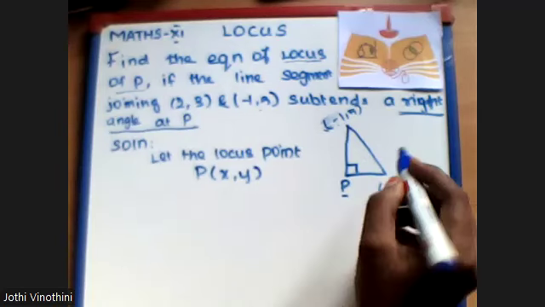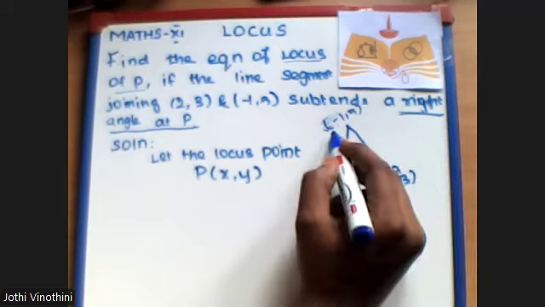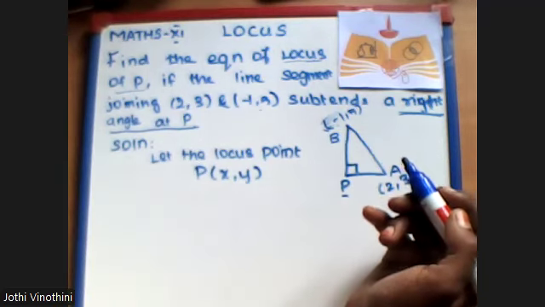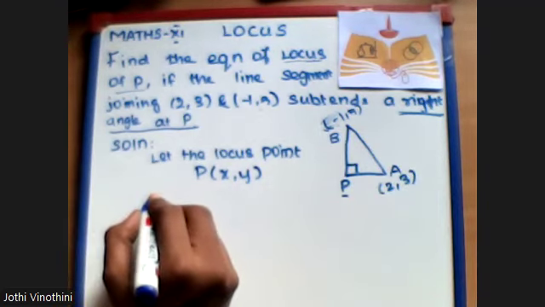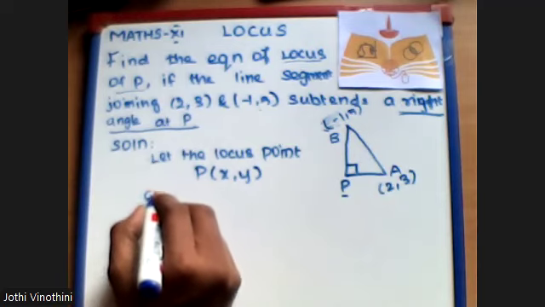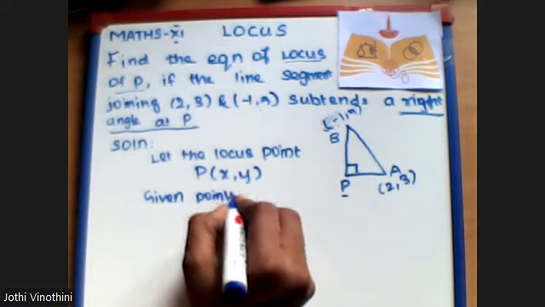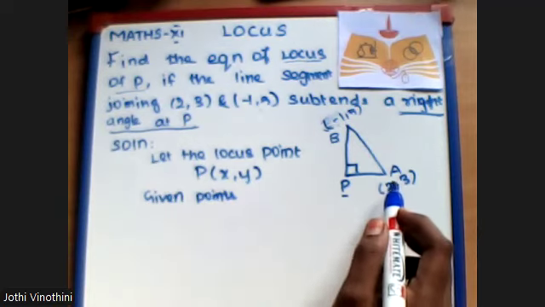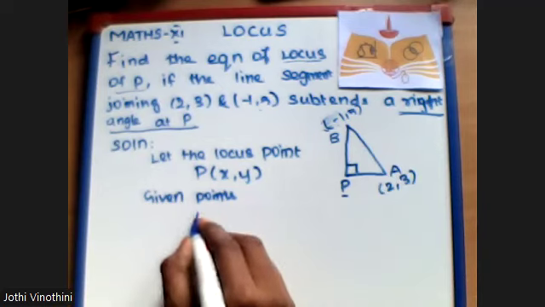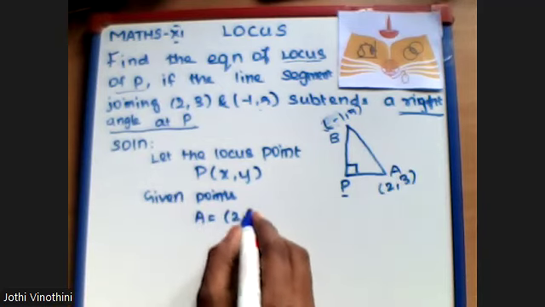I'm going to take this as A and this is B. Given points: I'm just going to name these 2 points as A and B. A equals 2, 3.